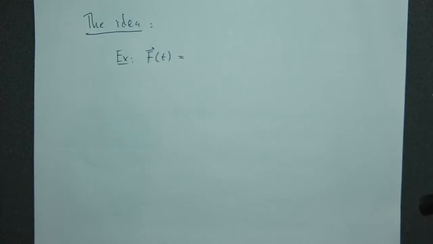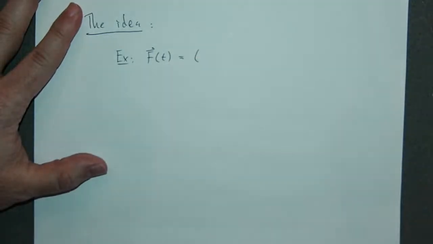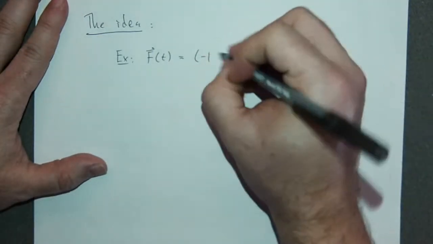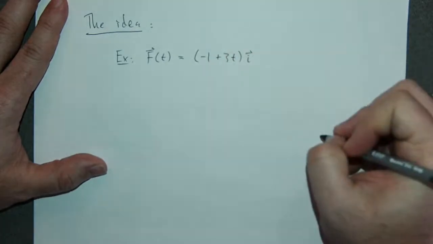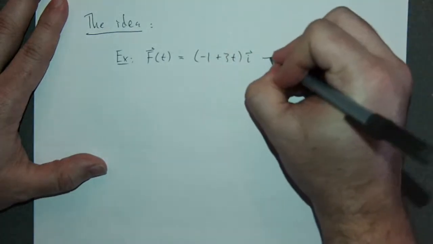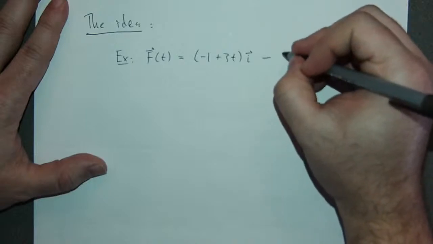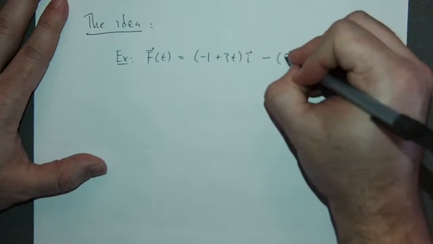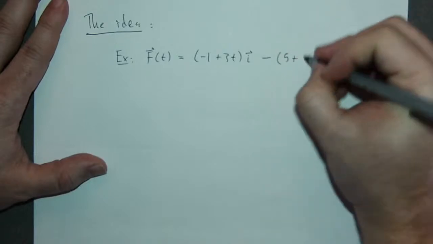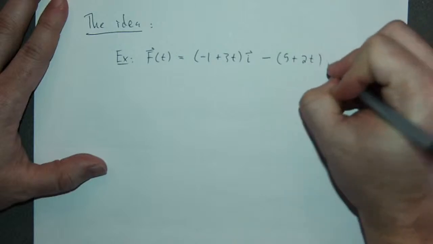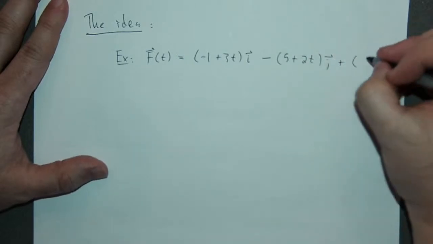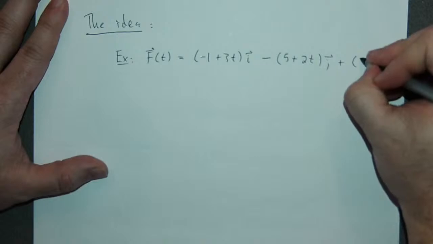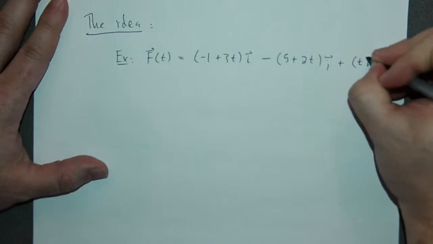And here's my vector valued function: minus 1 plus 3t i, minus, say, 5 plus 2t j, plus t k. Okay.